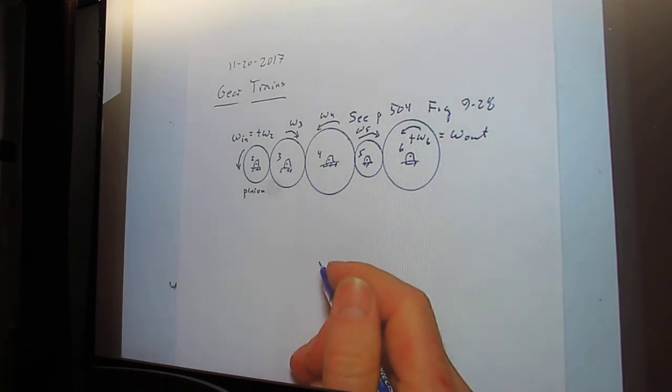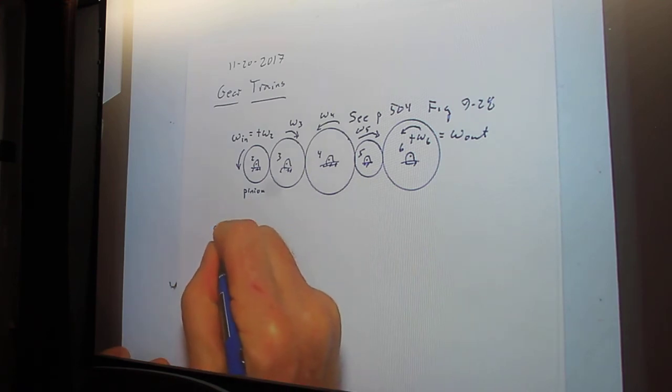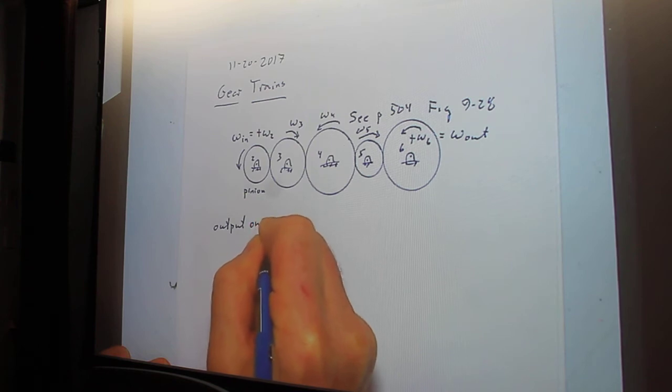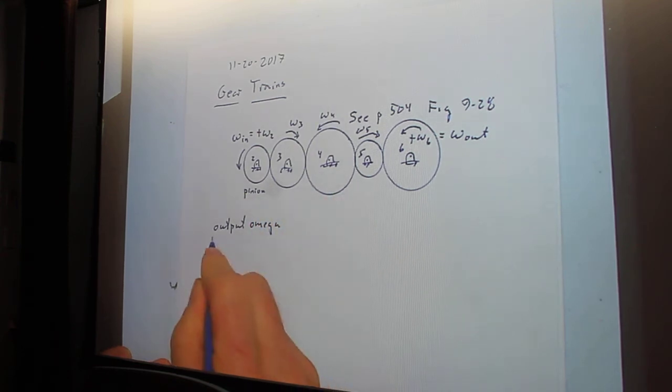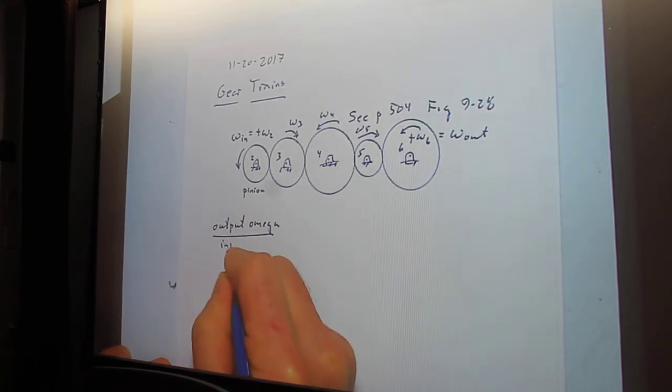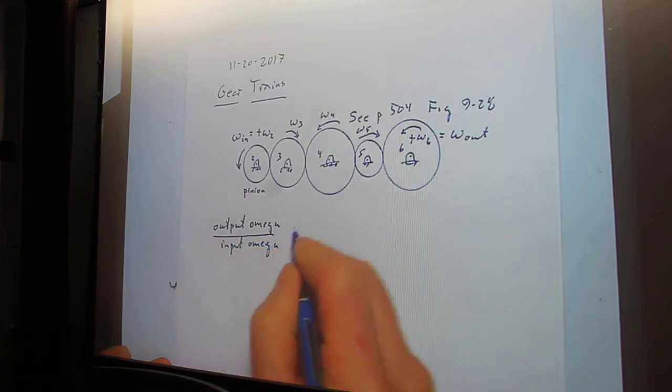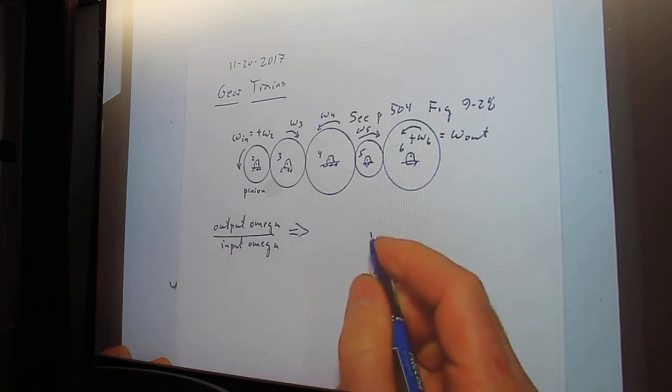So if you look at the output omega over the input omega, let me just do these individually.